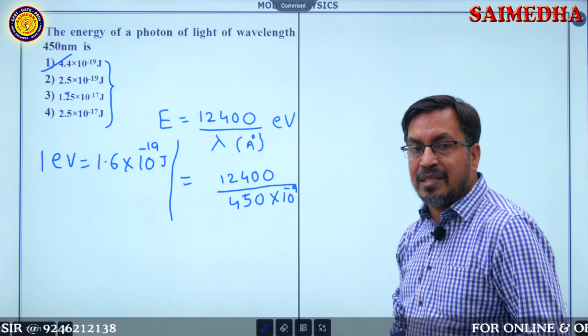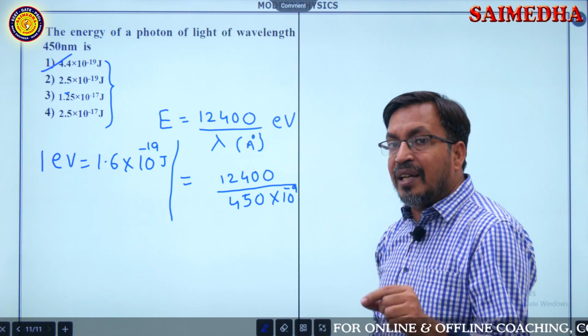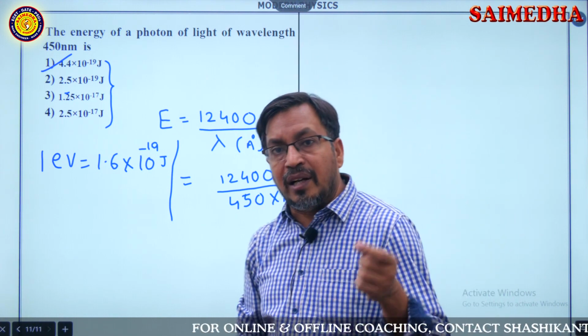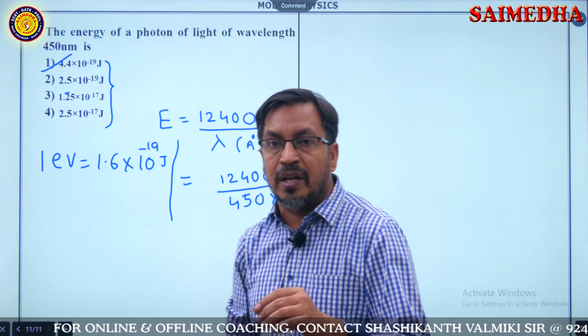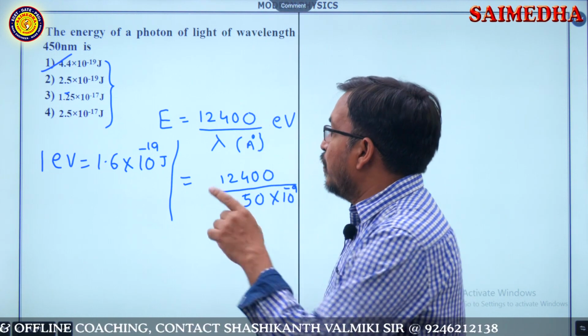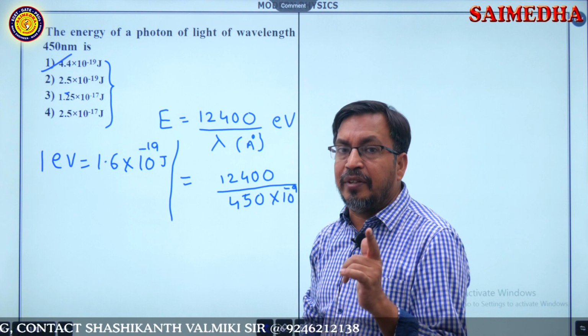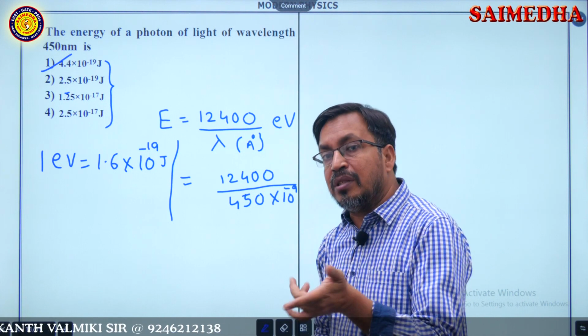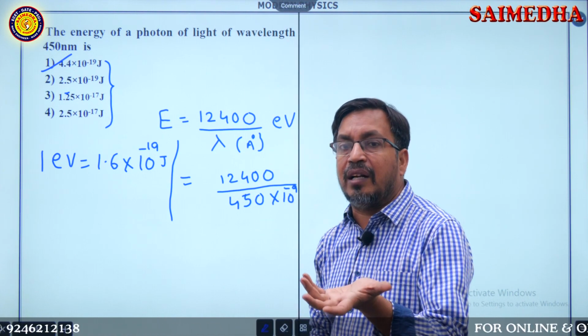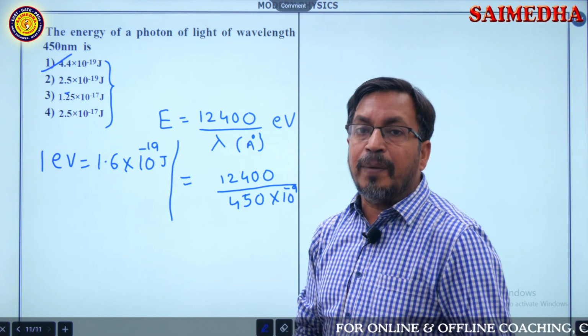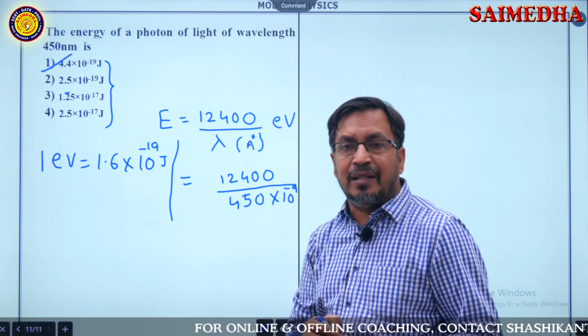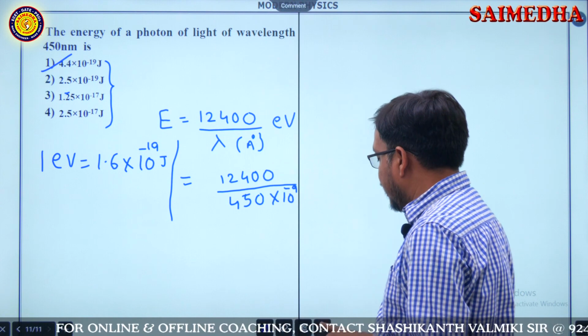Remember whether it is asking energy in electron volts or in joules. If they ask in joules, you multiply with 1.6 into 10 power minus 19. If it is given in joules and they ask in electron volts, you divide by 1.6 into 10 power minus 19.